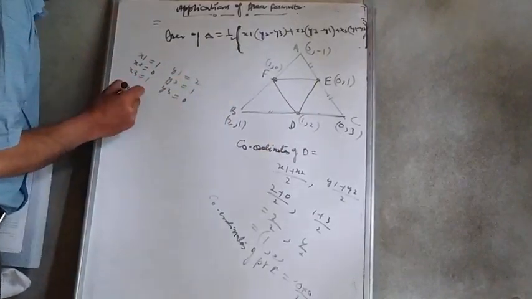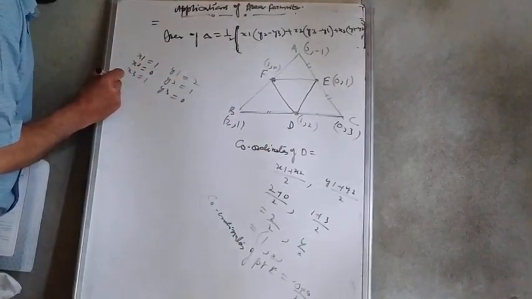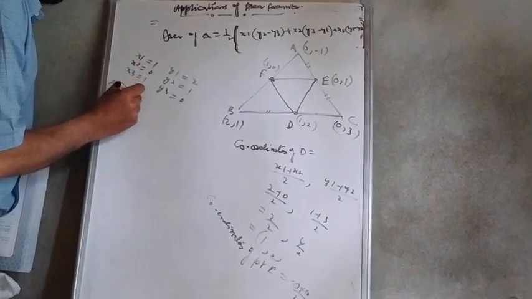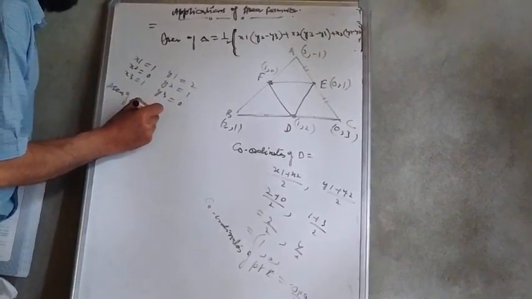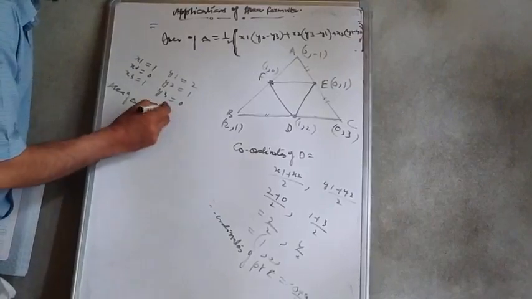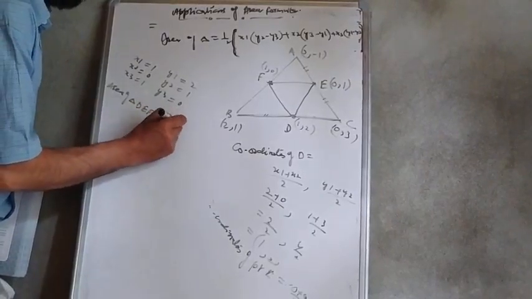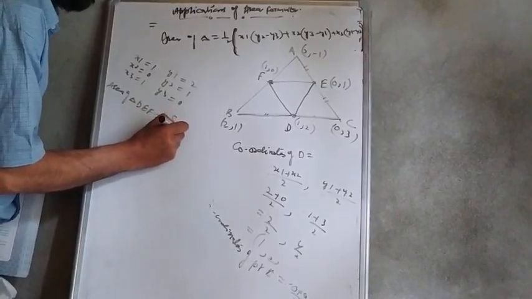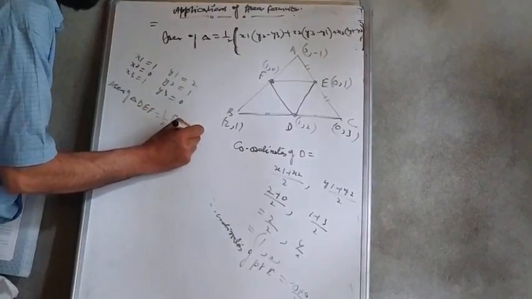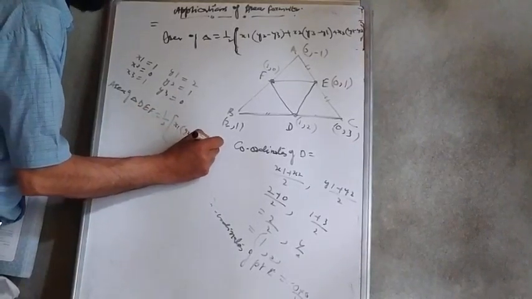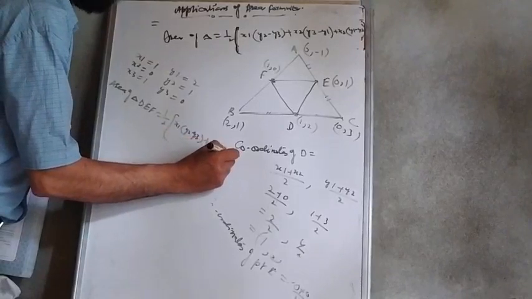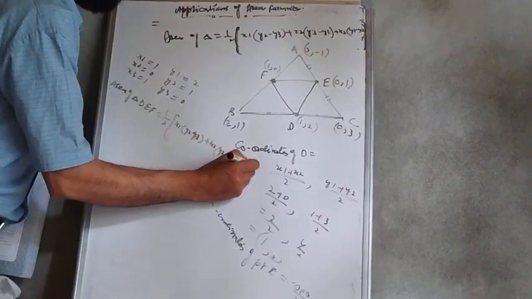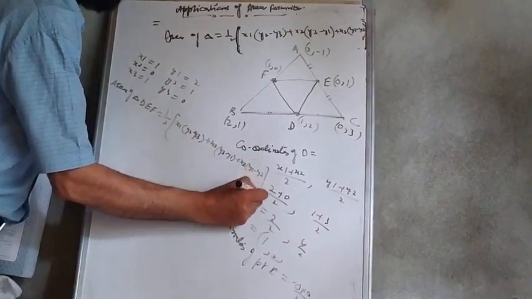Now applying, therefore, area of triangle DEF, smaller triangle, it's 1 by 2 into x1 into y2 minus y3 plus x2 into y3 minus y1 plus x3 into y1 minus y2.